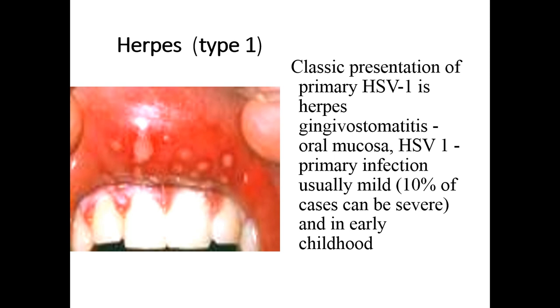Transmission is by direct contact with mucosa or abraded skin, with latency in trigeminal ganglia, affecting young children. Antibodies are present in 90% of people, especially adults. Common manifestations are oral facial mucosal lesions, encephalitis and meningitis, ocular lesions, and skin lesions above the waist.